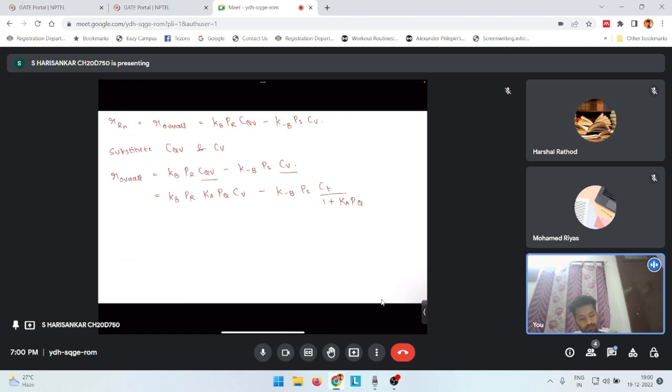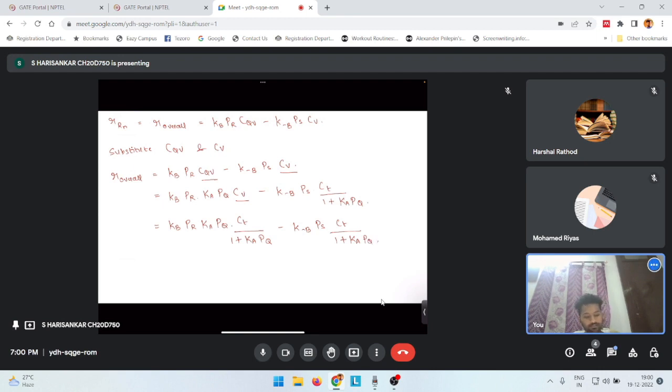Now we substitute this CV here as well. So we'll have Kb PR Ka PQ into CV, that is CT by 1 plus Ka PQ minus K minus B into PS CT by 1 plus Ka PQ.